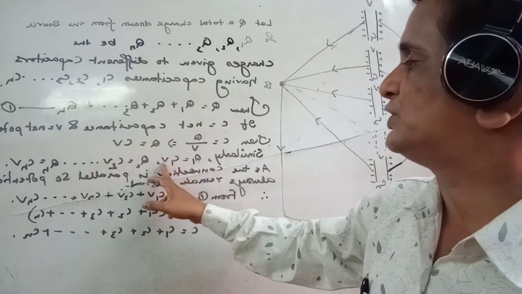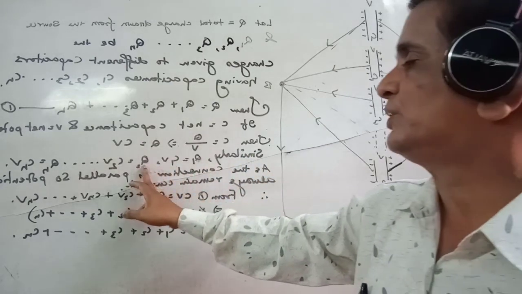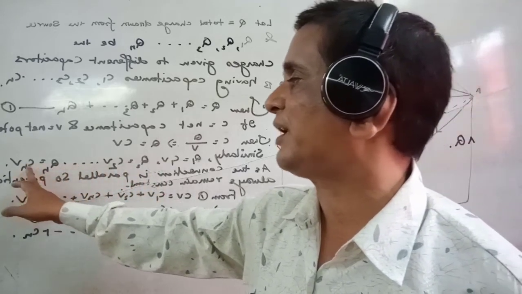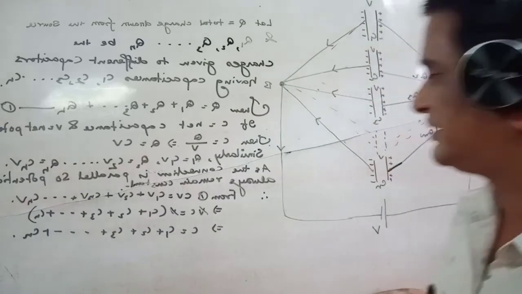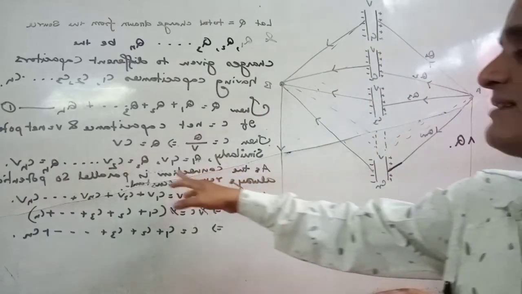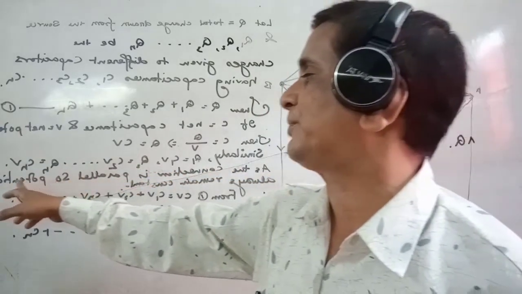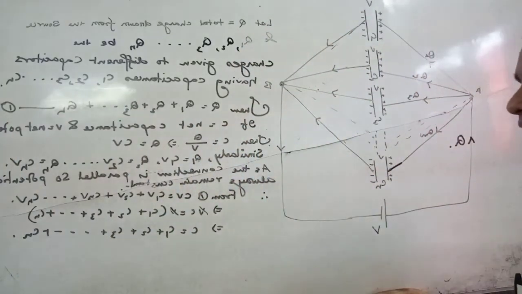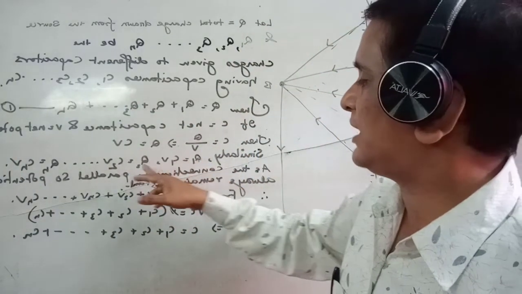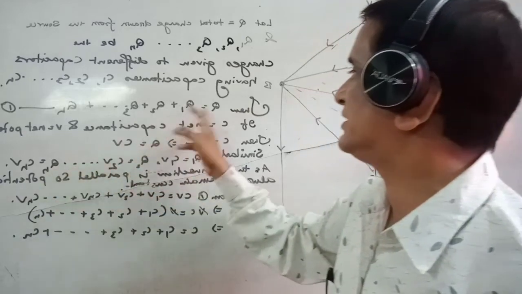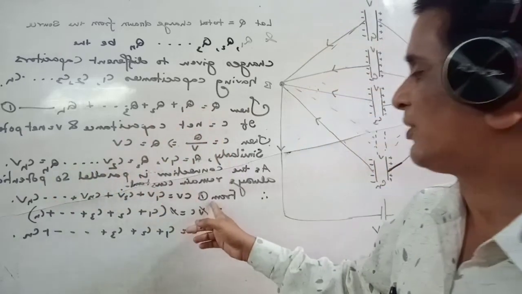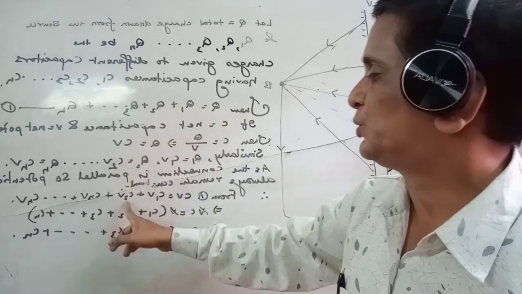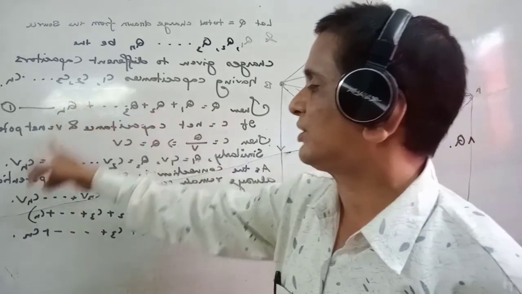Similarly, we can say Q1 equals C1 into V, Q2 equals C2 into V, dot dot dot Qn equals Cn into V. Is it clear? As the connection is parallel, the total potential V always remains constant. Is it clear? And now we will put the values of Q1, Q2, Qn and Q in equation 1. From equation 1, CV equals C1V plus C2V plus C3V dot dot dot CnV.